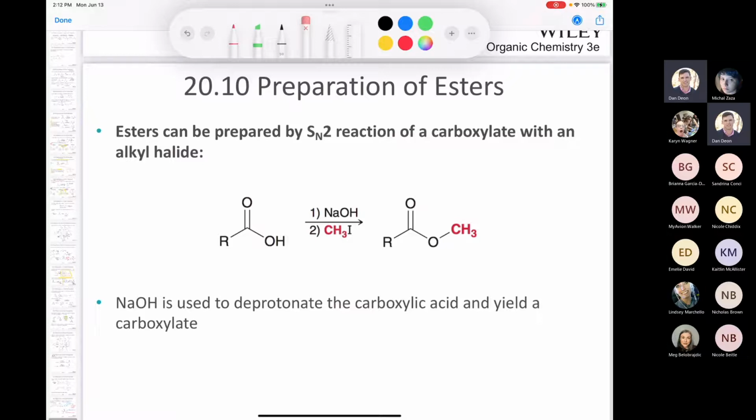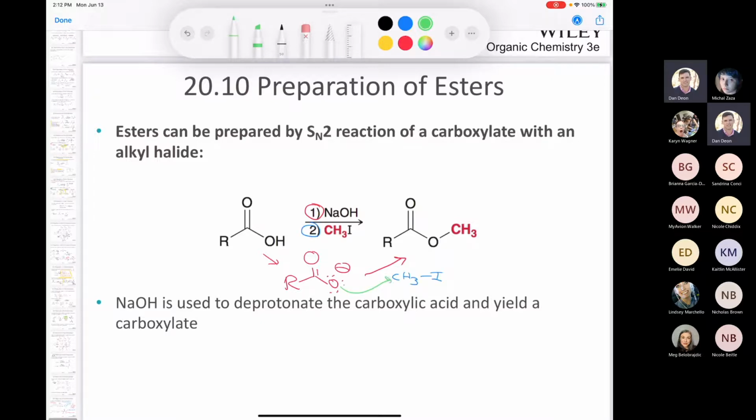One way is to use this two-step process where you take the carboxylic acid and treat it with sodium hydroxide. What that's going to do is rip off the acidic proton from your carboxylic acid, so you form a carboxylate, and that carboxylate is going to react with your electrophile, which here they've drawn as iodomethane, in an SN2 fashion.